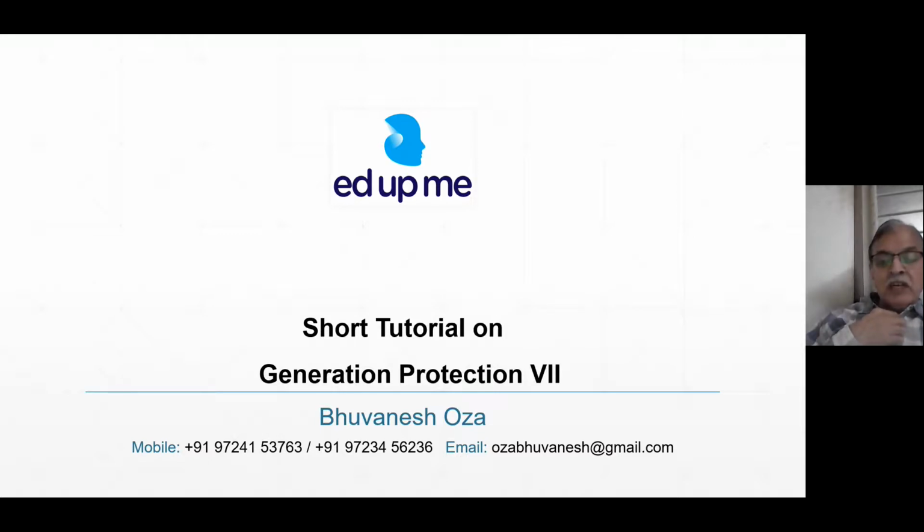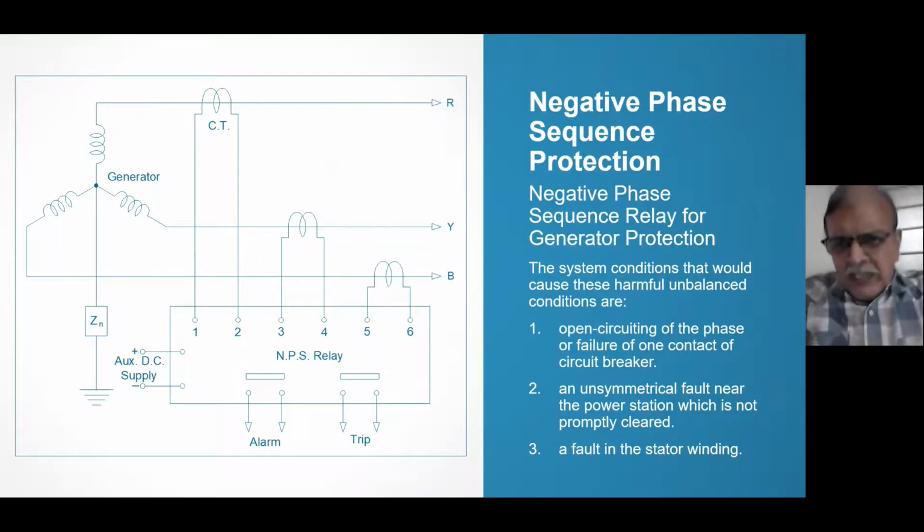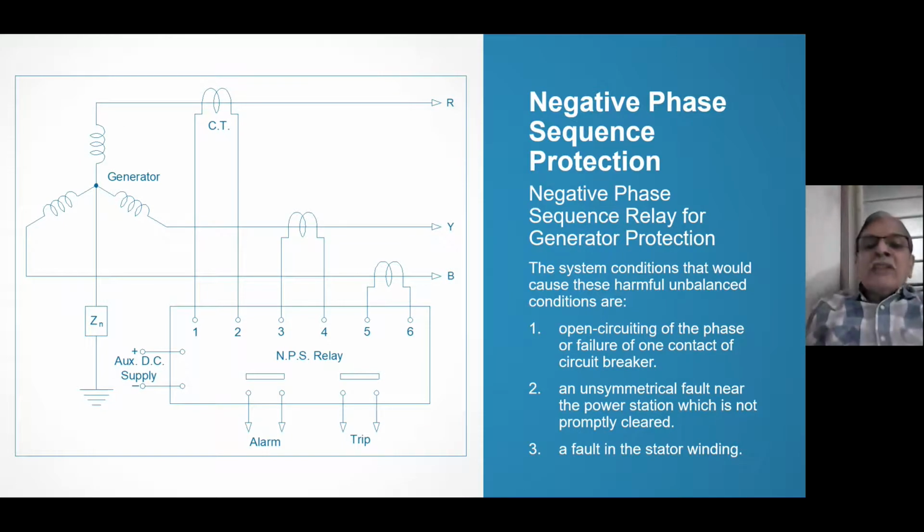What are the abnormal operating conditions? So the first abnormal operating condition I am taking is unbalanced load protection. Unbalanced load means IR, IY, IB are not the same.